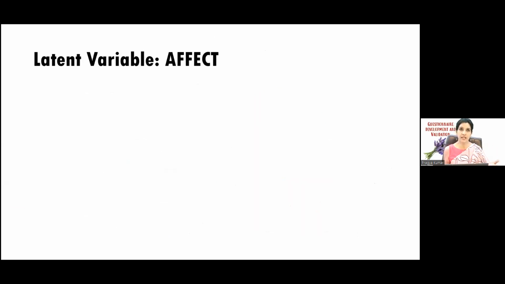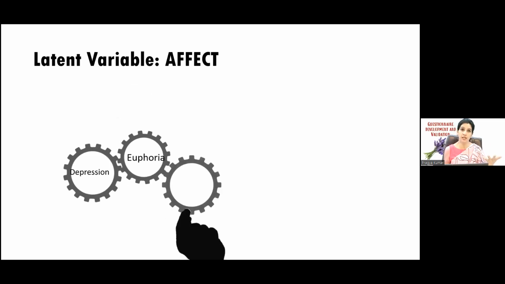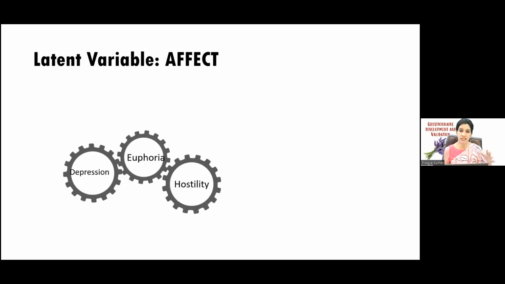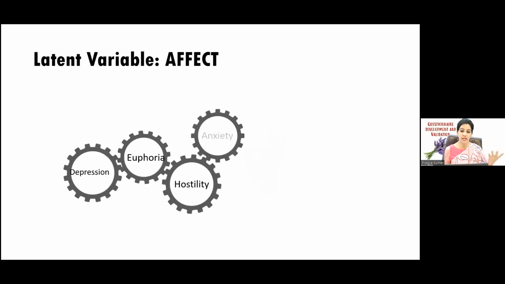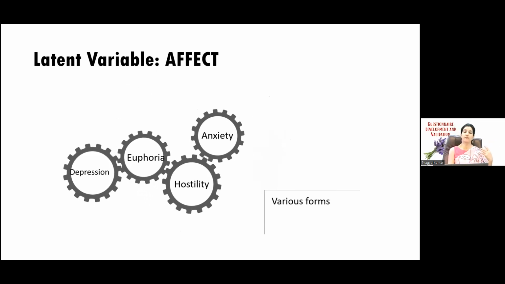Like there is a latent variable affect, and affect has many shades: depression, that is also affect; euphoria, that is also affect; hostility, that is also affect; and anxiety, that is also an affect. So a latent variable affect has various forms.